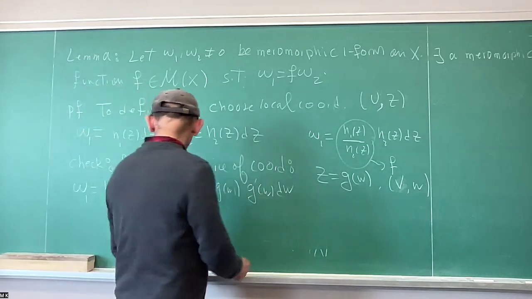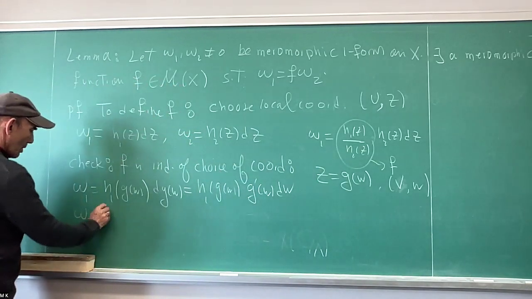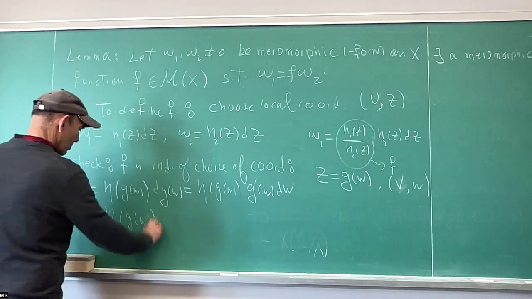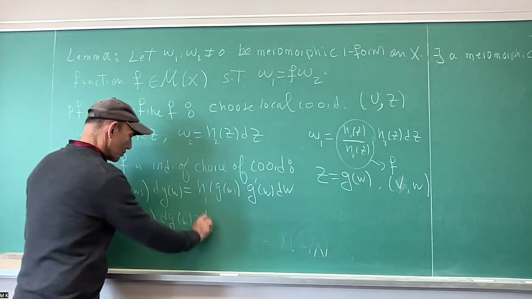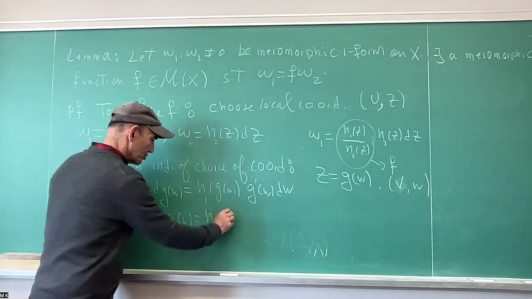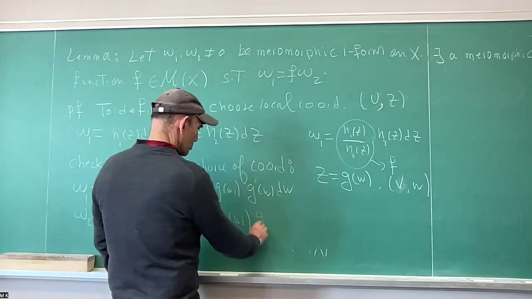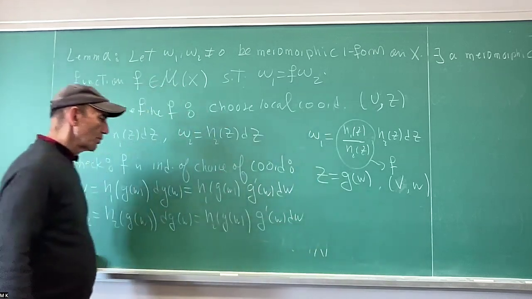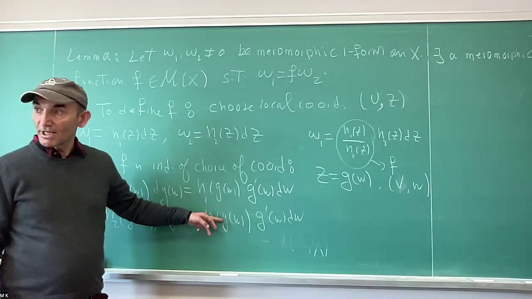And similarly, you can do the same thing, omega 2 is equal to h2 of g of w, d of g of w. So this is h2 of g of w, g prime of w, dw. And so you notice that in the new coordinate, we have to divide this by that, right?